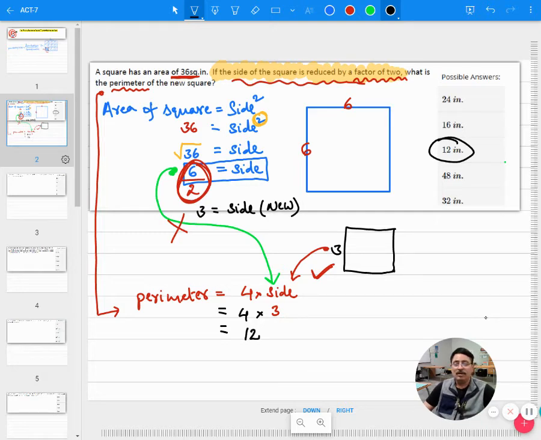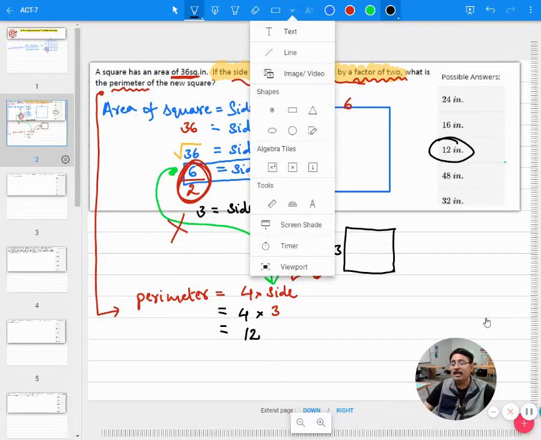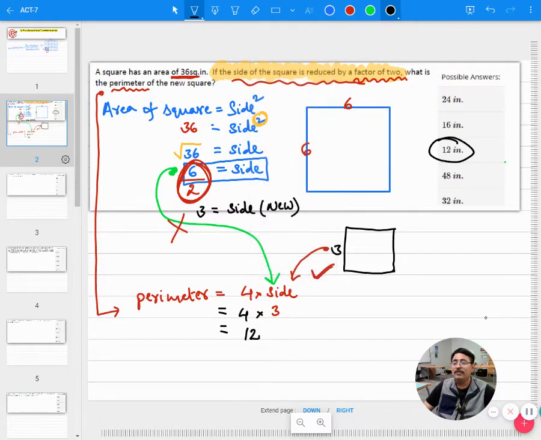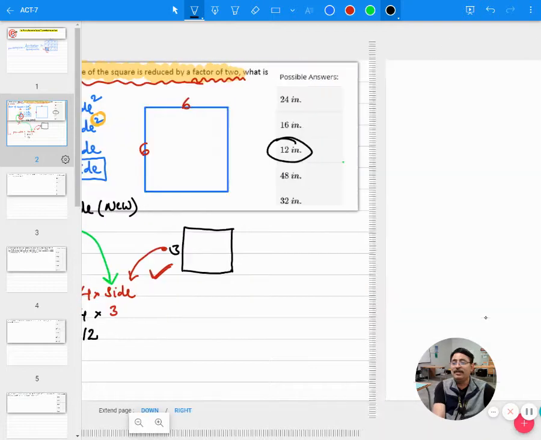Okay, that's it. There are high chances of getting confused. Therefore, you have to be really careful while computing this. Okay, so let's go to the next question.